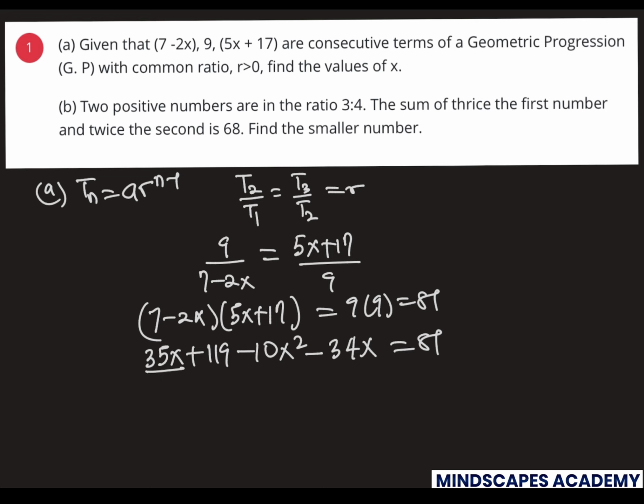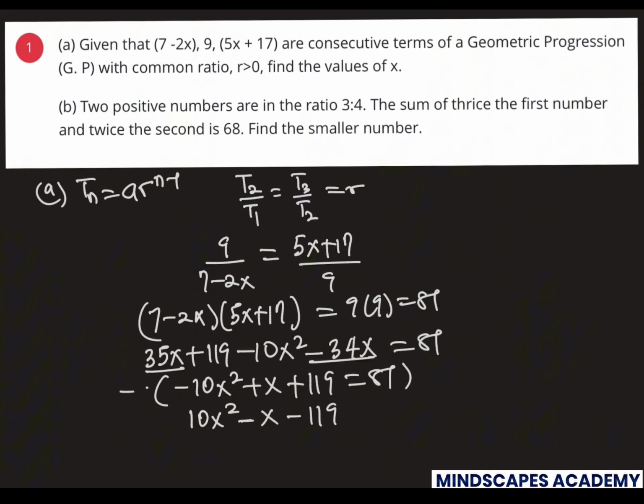Now what do we have? 35 minus 34, that is x. So let me write it this way: negative 10x squared, positive x, positive 119 is equal to 81. If you multiply through by negative, and add 81 to both sides, you have this equals 0.